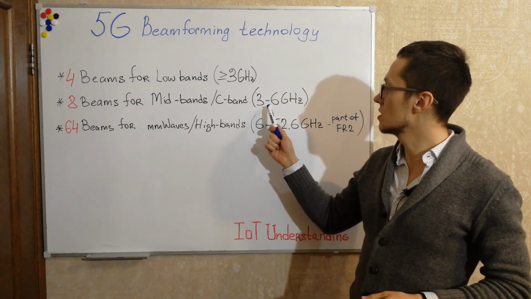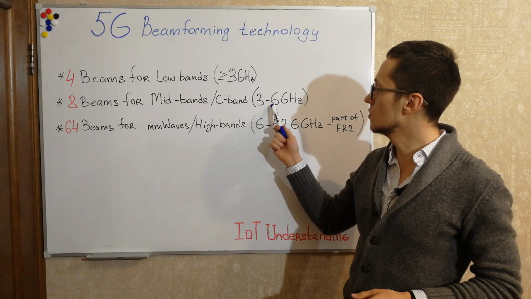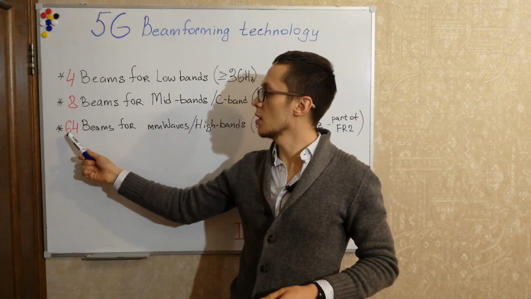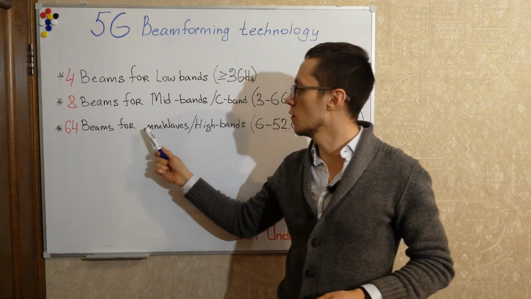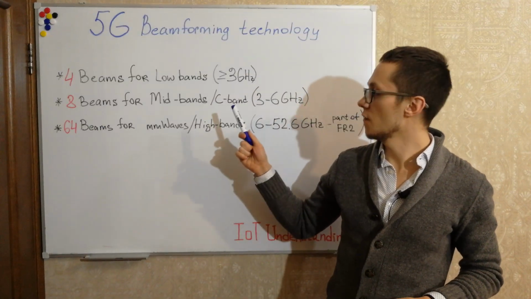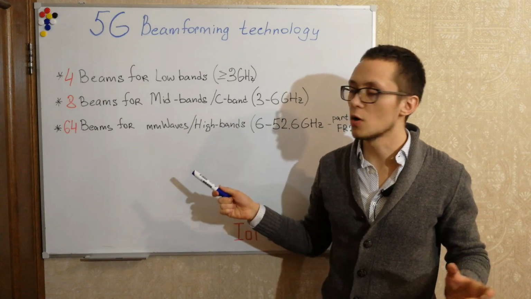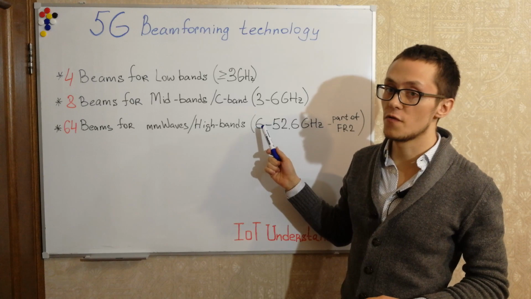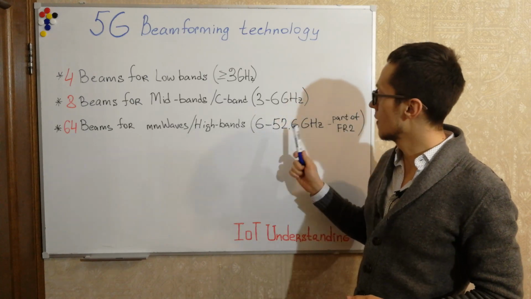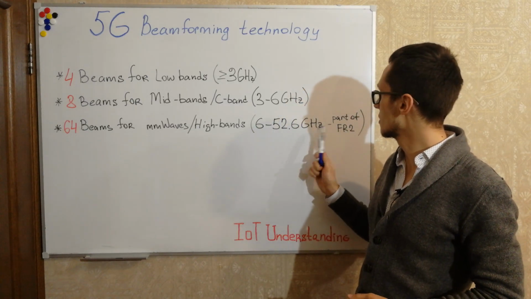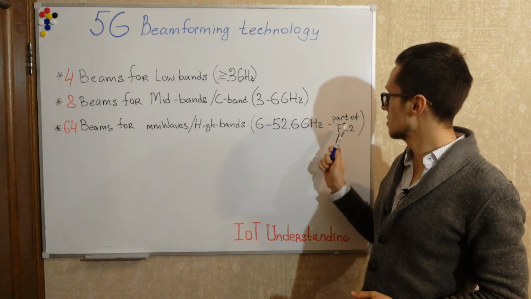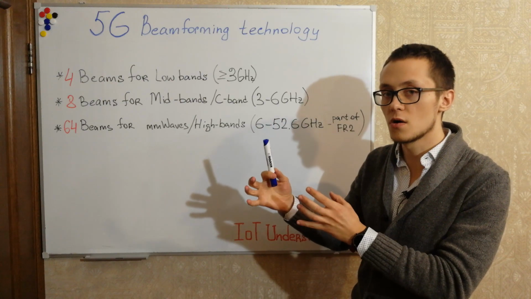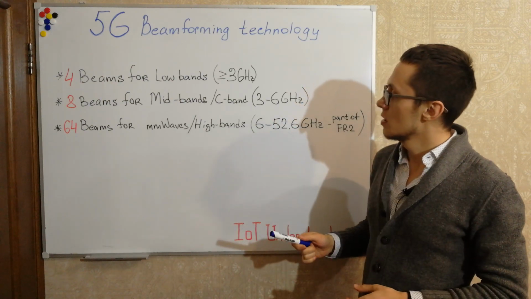This is the range from 3 to 6 gigahertz. And a maximum of 64 beams for millimeter waves, for high bands as we call them, which starts from 6 to 52.6 gigahertz. So this is a part of FR2 and part of FR1, as you can see.